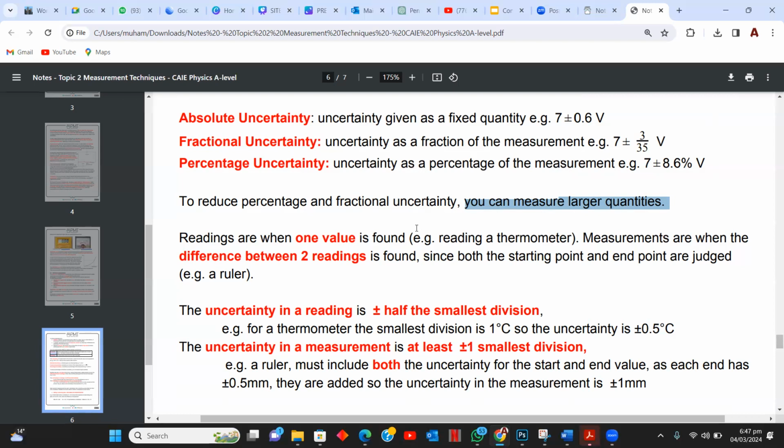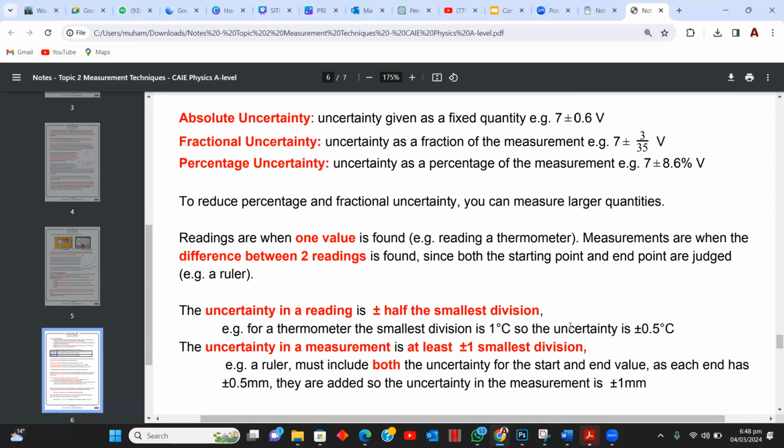How does a thermometer measure? In 1, 2, 3 degrees, it doesn't go lower, it doesn't go to 0.5 degrees. So 1 degree Celsius is the smallest division. So your error would automatically be half of that least count. If it is 1 degree Celsius, your uncertainty would be plus minus 0.5 degrees. Whatever temperature value you get from a thermometer, you will write plus minus 0.5 ahead of it.